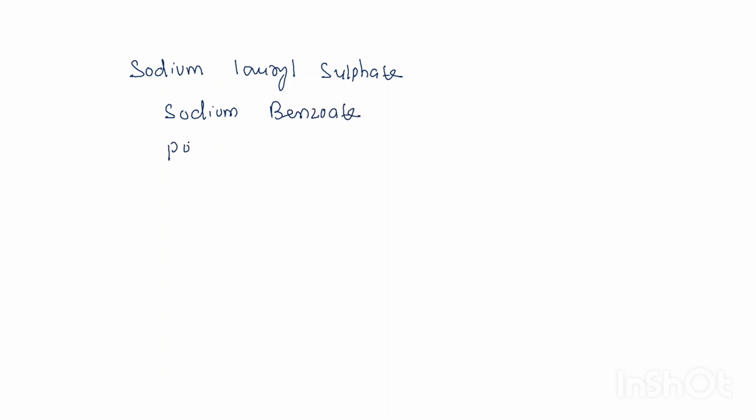In soluble lubricants we can choose examples such as sodium lauryl sulfate and also sodium benzoate, and another one is polyethylene glycol, also called PEG. These are the examples of soluble lubricants, right?